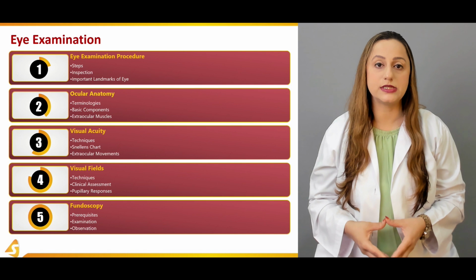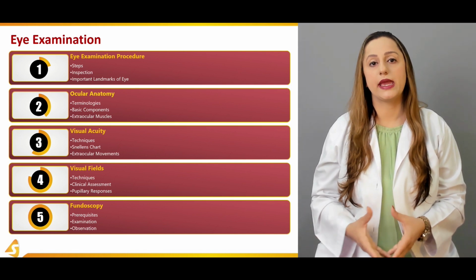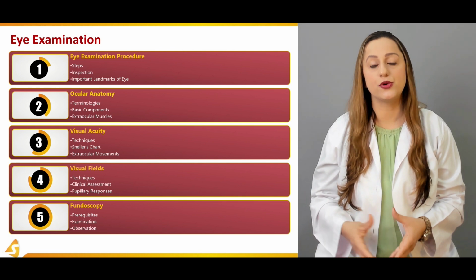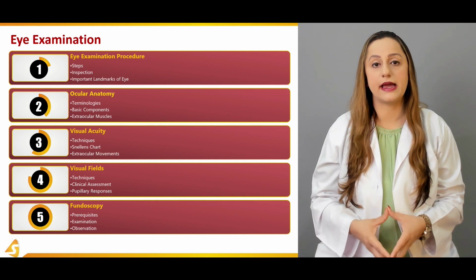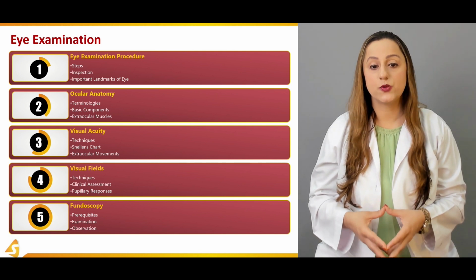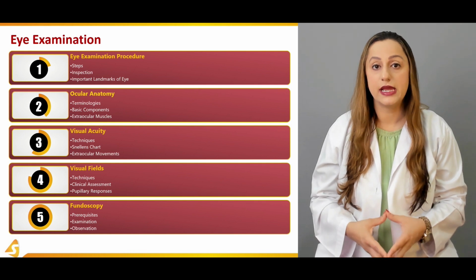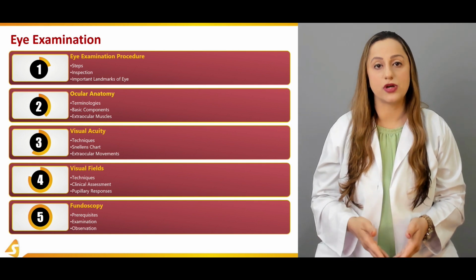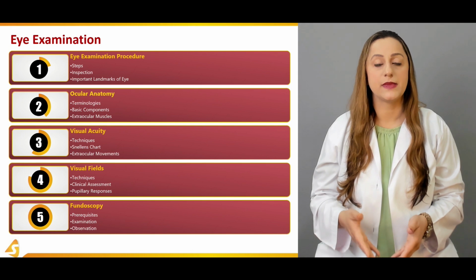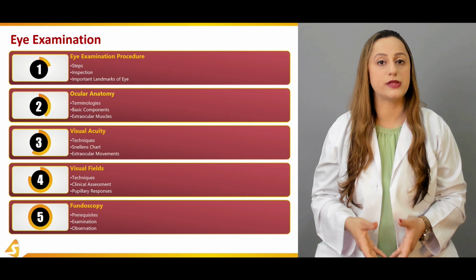In the third section, we'll be discussing visual acuity. Visual acuity is the mainstay. Working as an optometrist or an ophthalmologist, one should know how to examine an eye and how to calculate the visual acuity of an individual. So we'll be discussing the techniques of visual acuity, and moreover, the Snellen's chart, which is the most famous chart available for the determination of visual acuity.